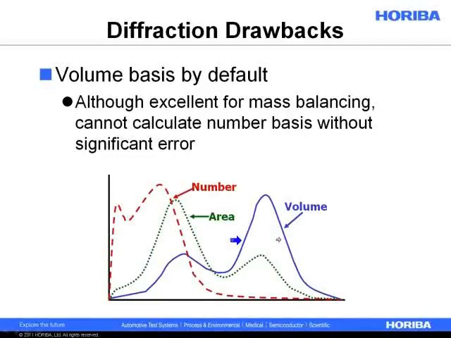As soon as you start cubing it to determine the volume, if you have a large diameter, the cube of that large diameter is going to be much larger than the cube of a small diameter. So it emphasizes large particles, whereas a number distribution tends to emphasize small particles because a lot of times you'll have many, many more small particles than large ones. So it's important to understand that distinction. When you make a diffraction measurement, you're making a volume-based measurement.